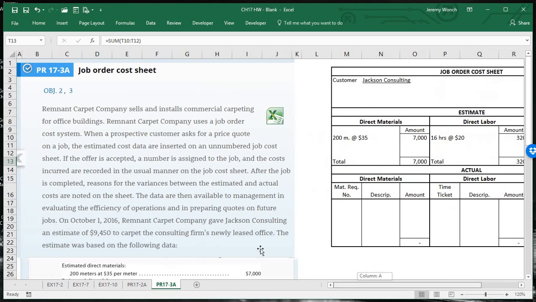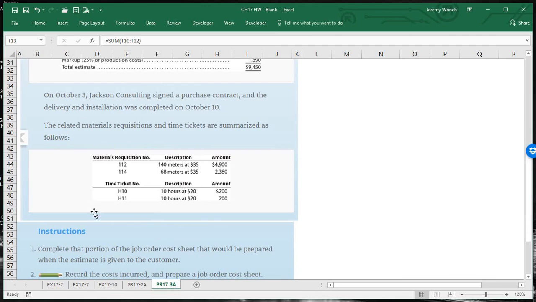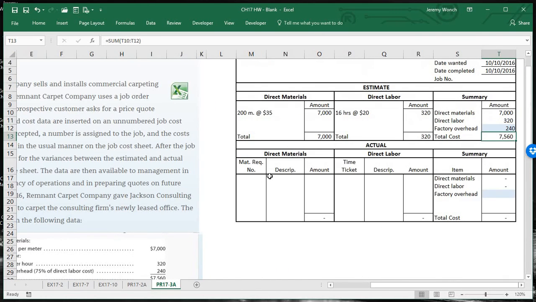So now we can go over here and look at the actual tickets that were used for this job and figure out what our actual costs were. So we had two materials requisitions for direct materials. We had requisition number 112 and 114. And so 112 was for 140 meters at $35.